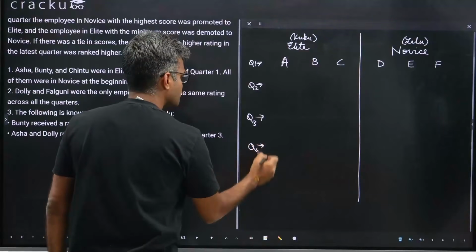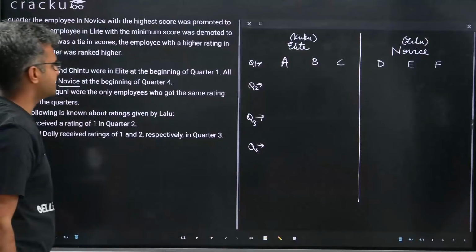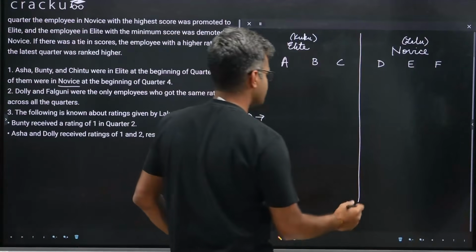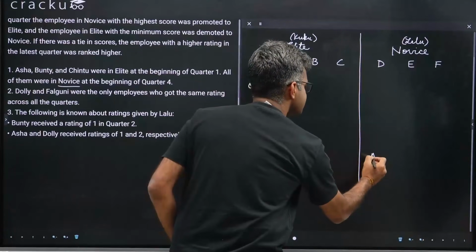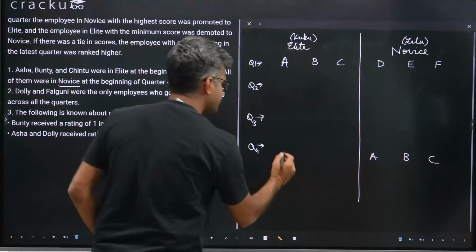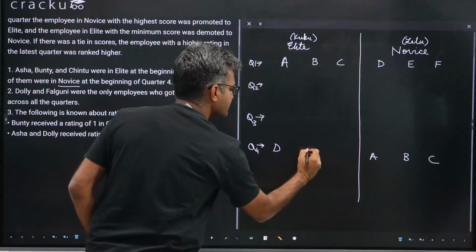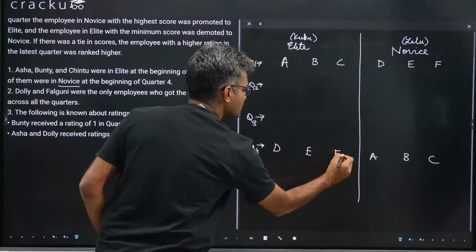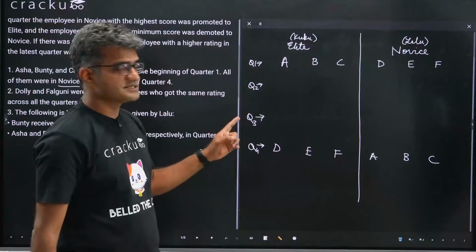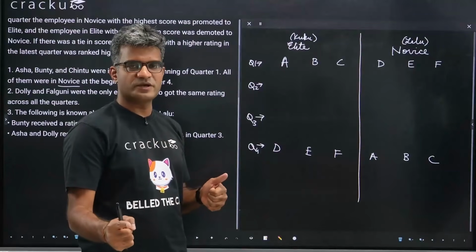Now with respect to Q4, we are again told that all of them were in Novice at the beginning of Q4. So at the beginning of Q4, we have A, B, C over here. This would imply that D, E and F are over here. Now one thing to note is, amongst A, B, C, one of them is demoted after Q1.